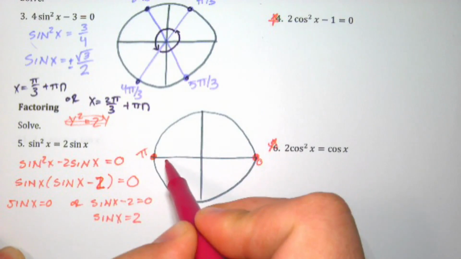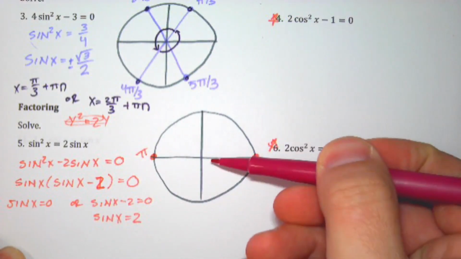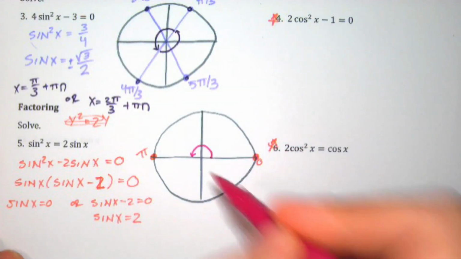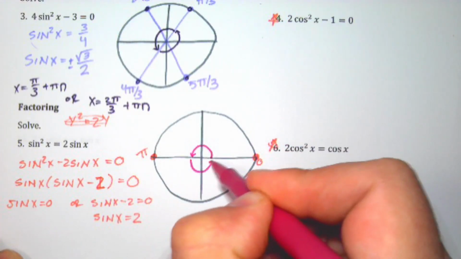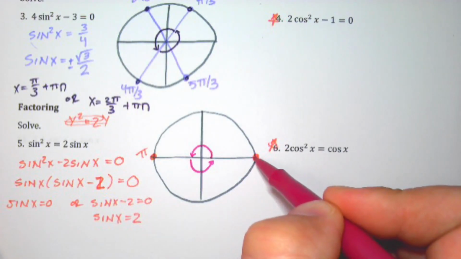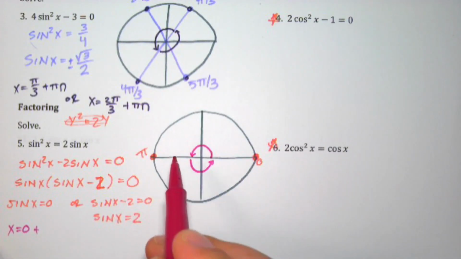I could start at pi and add multiples of 2 pi. But because these are nice and they're exactly pi away from each other, and then once again, pi away from each other, I can really just start at 0 and add multiples of pi n.